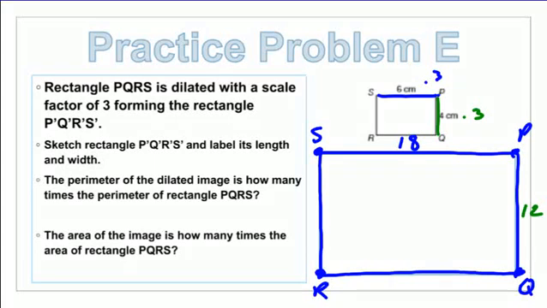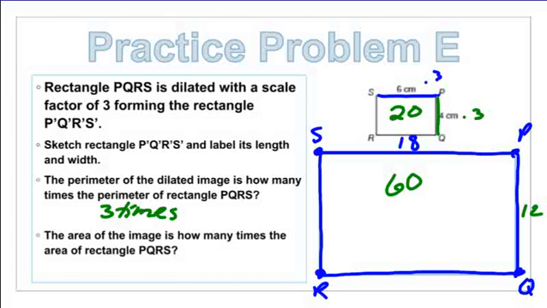Now let's find the perimeter of the dilated image. Here the perimeter, 6 plus 6 is 12, 4 plus 4 is 8, so this has a perimeter of 20. The dilated one is going to have a perimeter of 18 plus 12 is 30, plus another 30. This has a perimeter of 60. So the dilated image is 3 times the perimeter of rectangle PQRS.